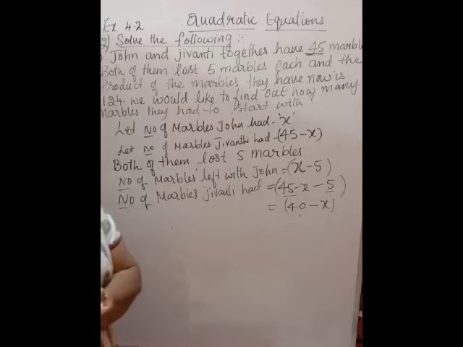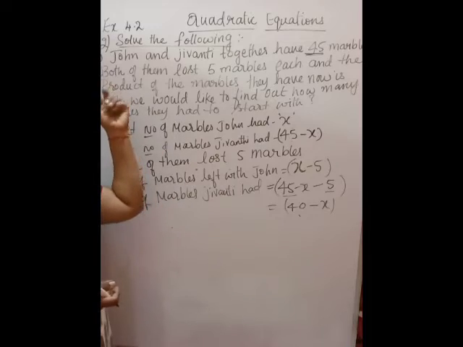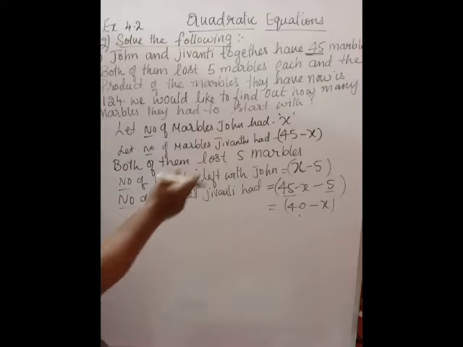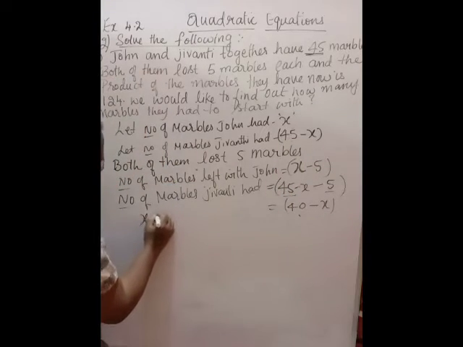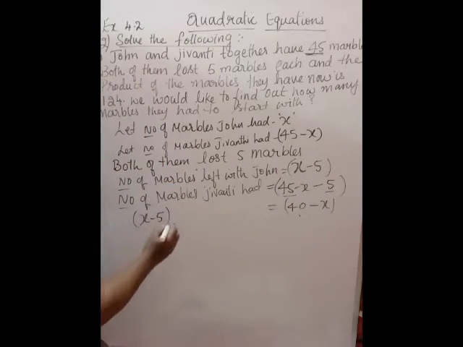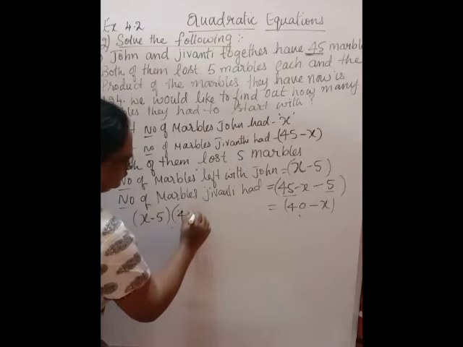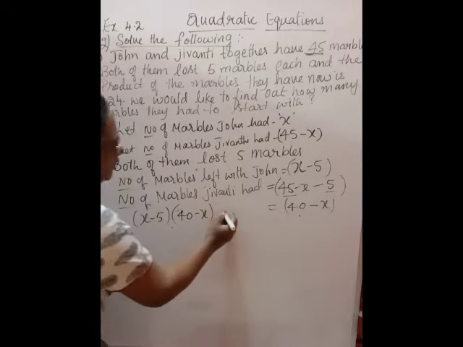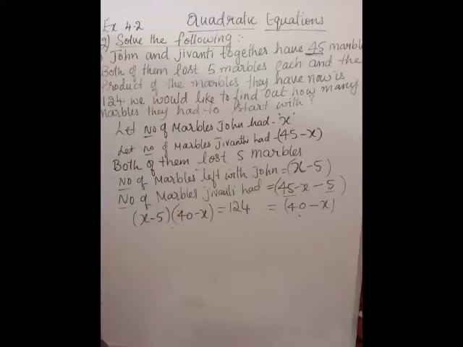Now, the product of the marbles John has and Jivanti has after losing 5 marbles, if you multiply, will be 124. This is John's marbles and this one is Jivanti's. Their product is equal to 124.